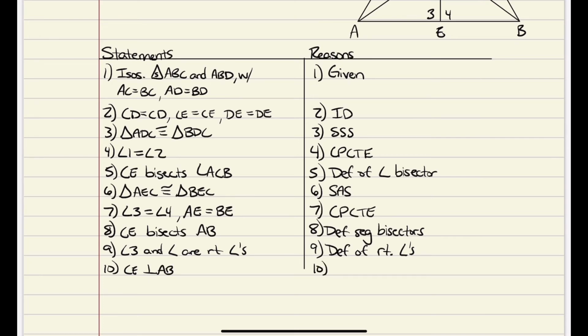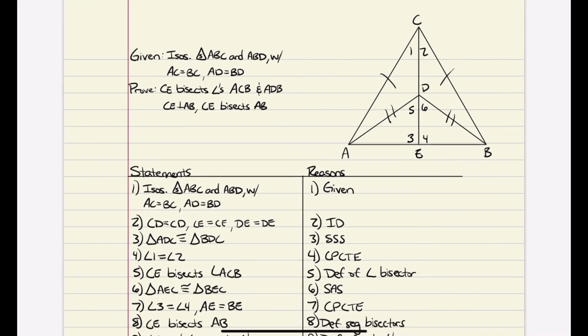Number 11, we can state that triangle AED is congruent to triangle BED. Let's look at these triangles here. I just stated that triangle AED is congruent to triangle BED. And we can say that for actually a couple of reasons.